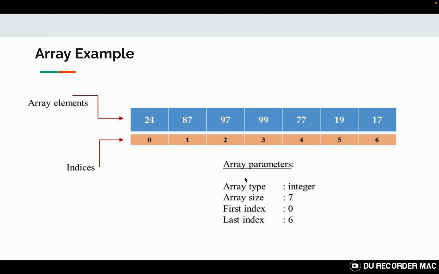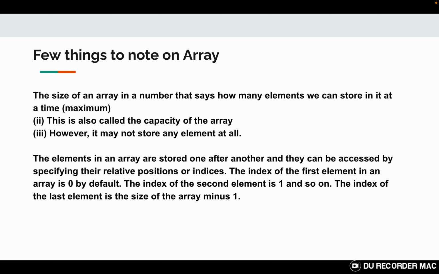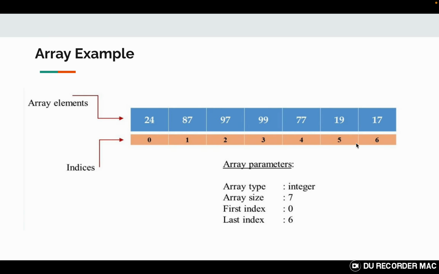Okay. So the same thing it is telling is that it is starting from the position of 0, and it goes 1, 2, 3, 4 till the end of the array. And if you are asked what is the last element in the array, say you want to access number 17, then what you need to do is size of the array minus 1.